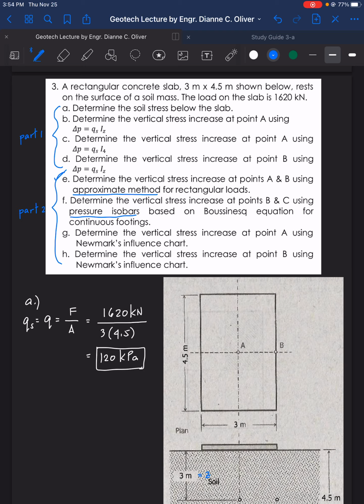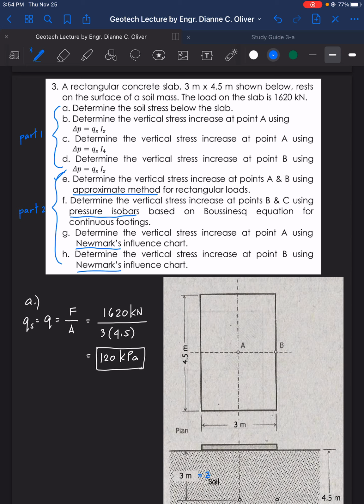Then letter G, determine the vertical stress increase at point A using Newmark's influence chart. Then letter H, determine the vertical stress increase at point B using Newmark's influence chart.